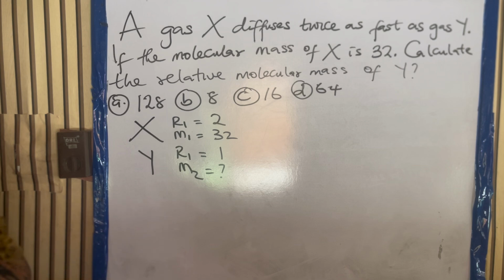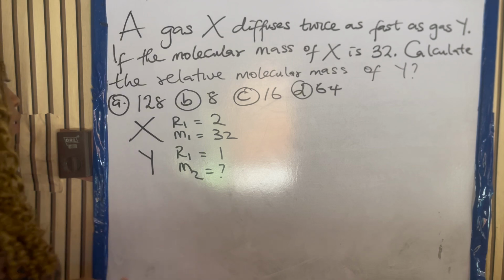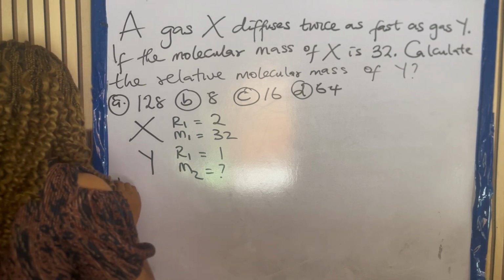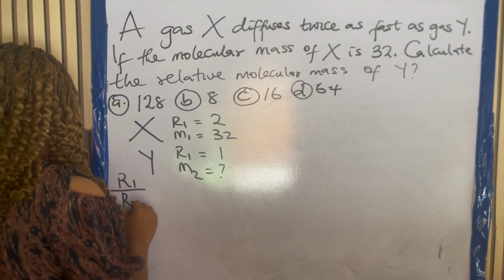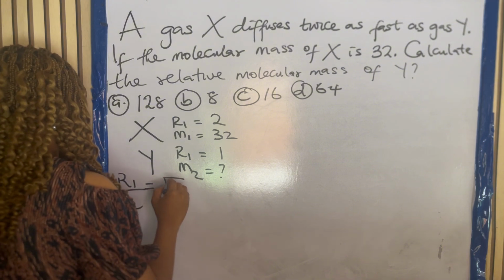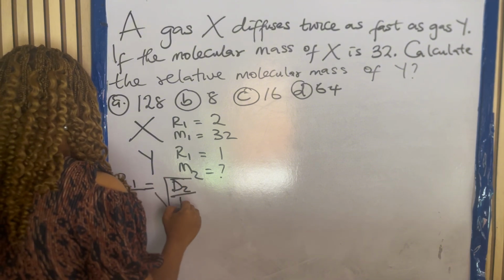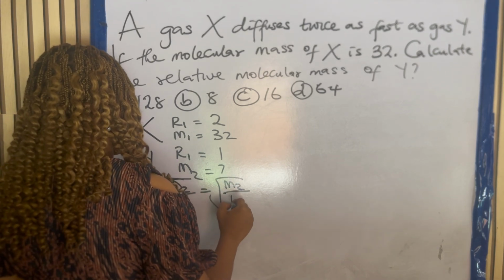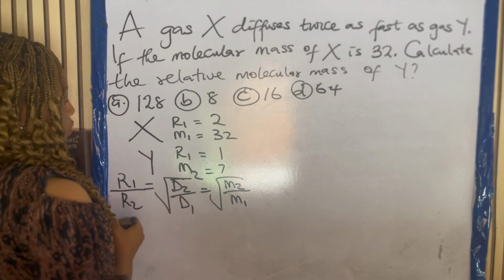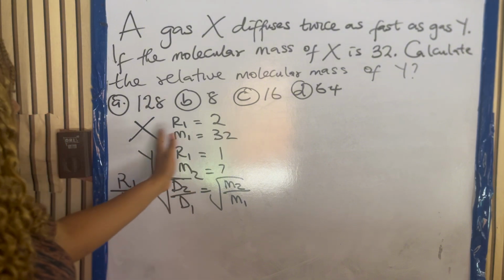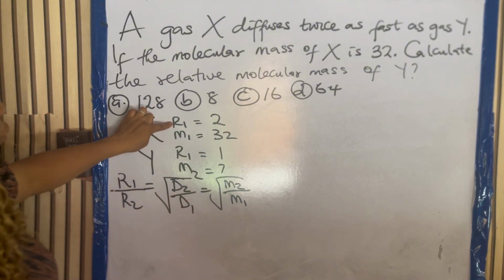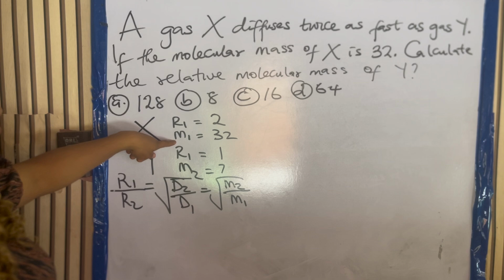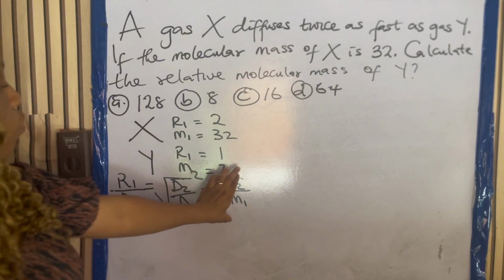So it's very simple. Using the formula of Graham's law of diffusion, it says that R1 over R2 is equal to the square root of M2 over M1. So from the formula given here, we have rate of diffusion and we have molecular mass. So we're going to equate this with this.